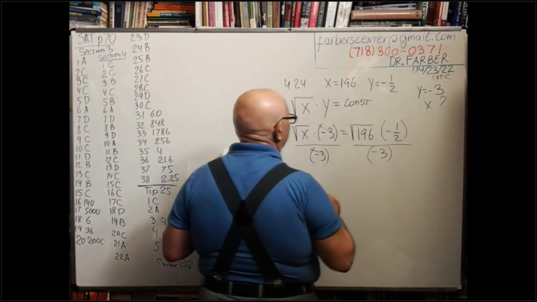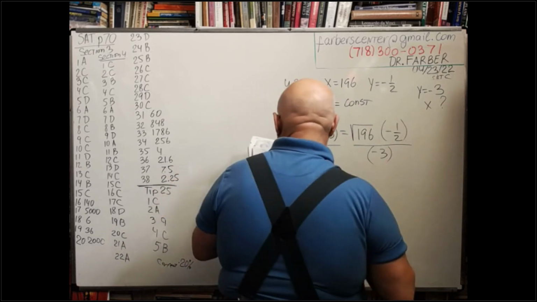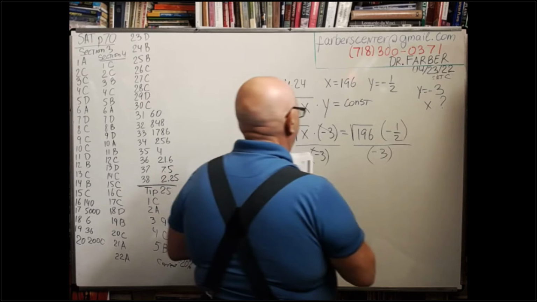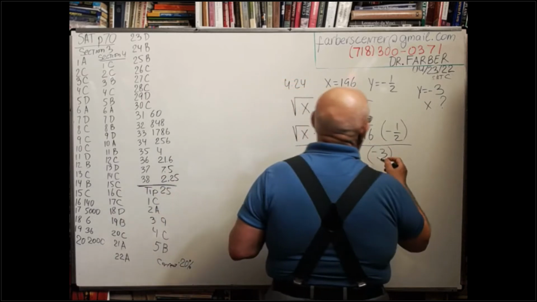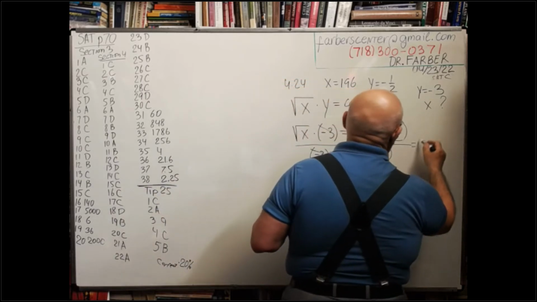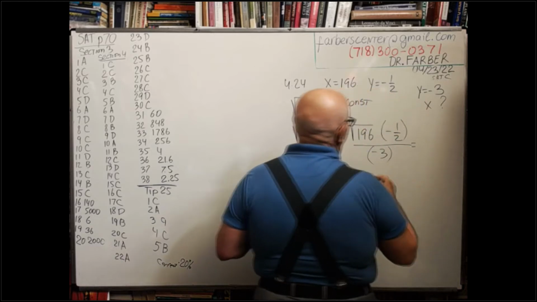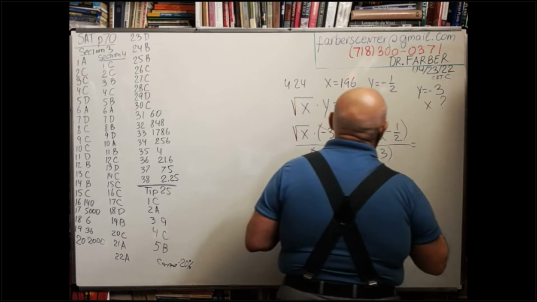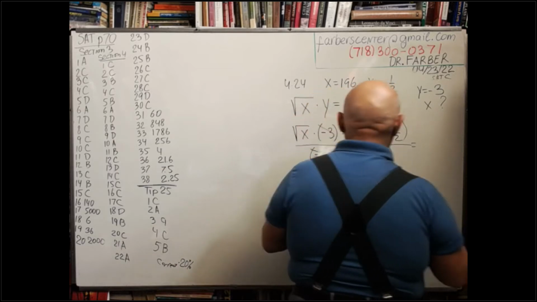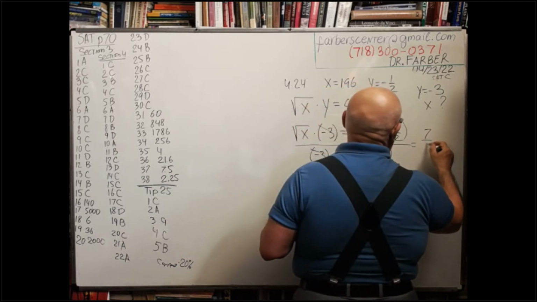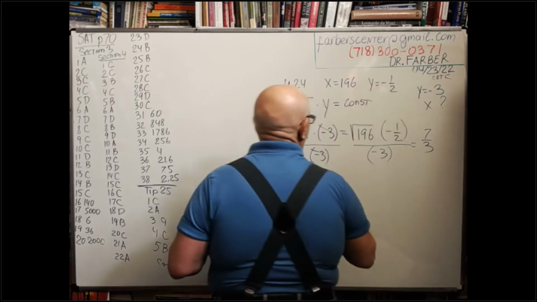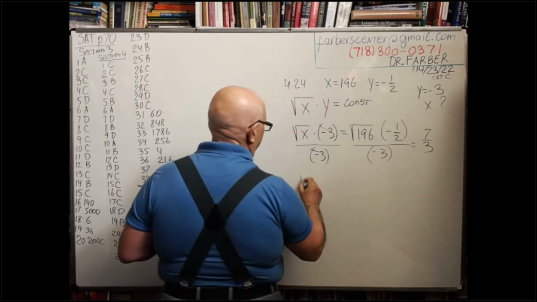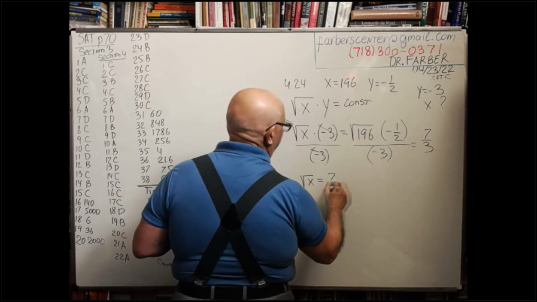Cancel out. And just count this. This is 14. 14 divided by 2 is 7. It would be 7/3. So square root of x equals 7/3.